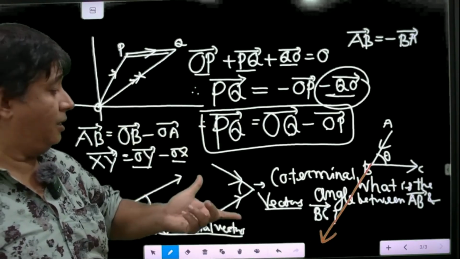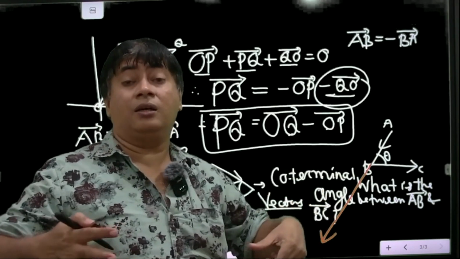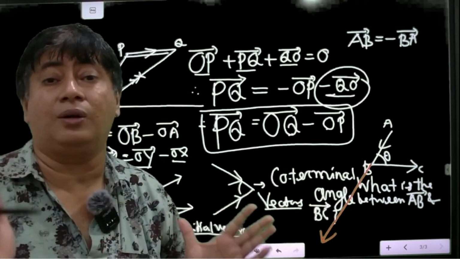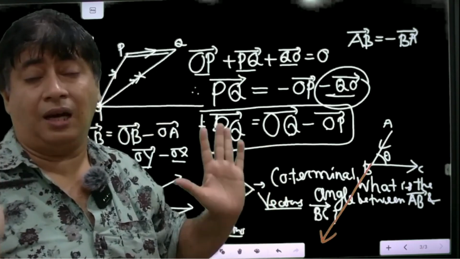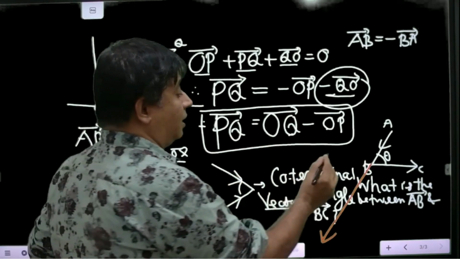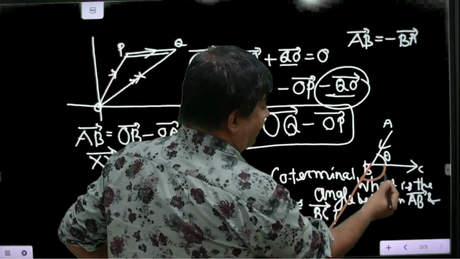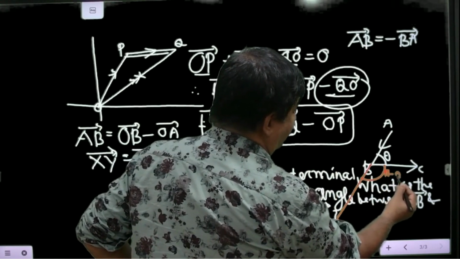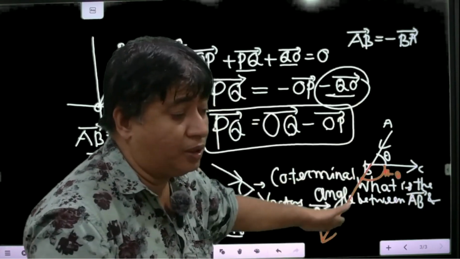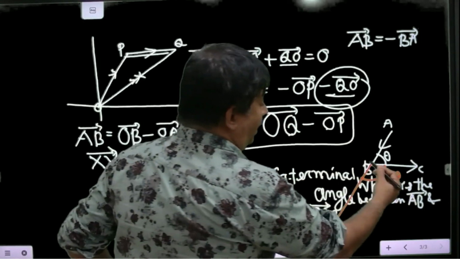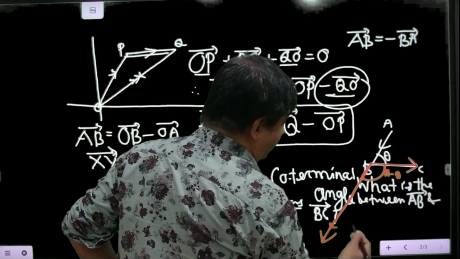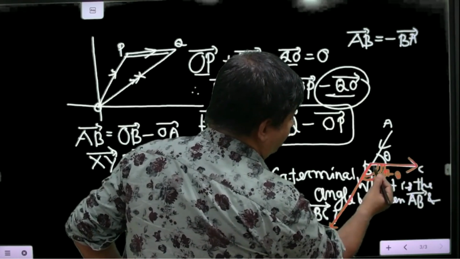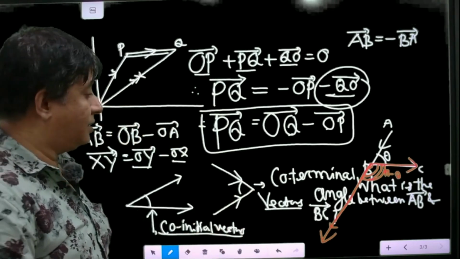So the angle which was seen to us, the included angle, is not to be considered now. I will consider this angle as the included angle. Why? Because once I produce it, I have got two co-initial vectors, so that angle can be considered. Understand?